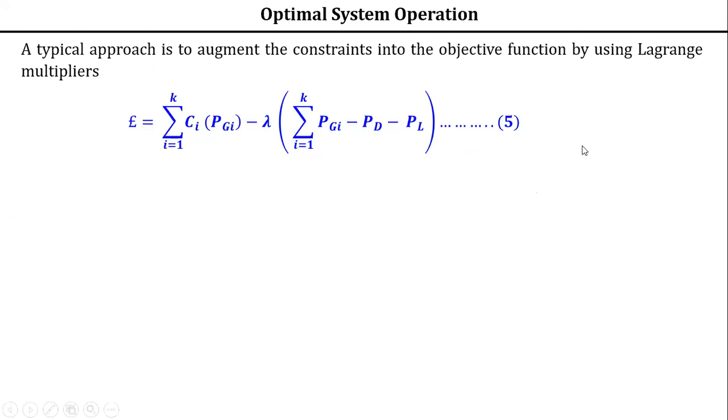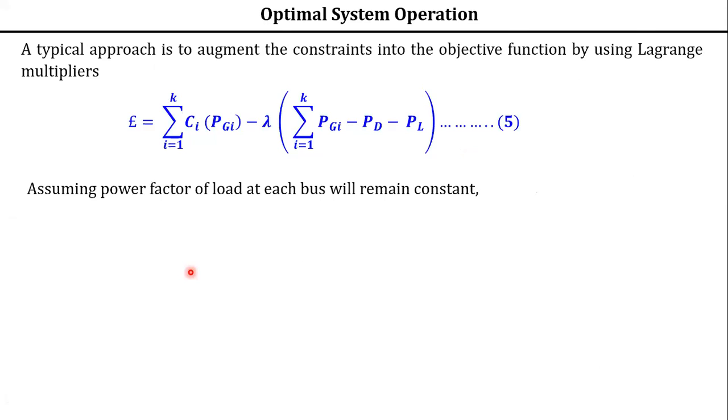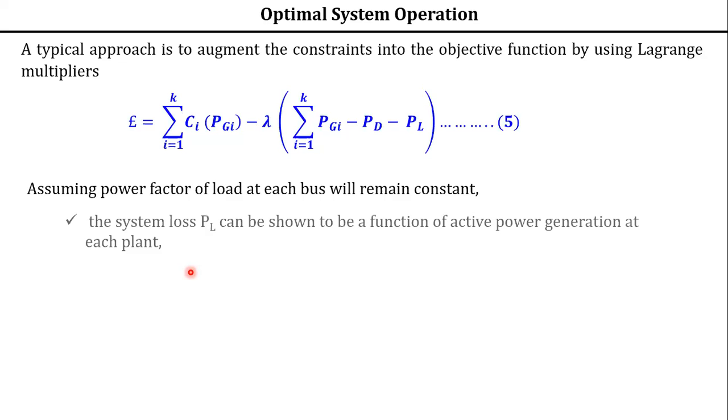Clear? Now after this step, what we have done in case 1, the same procedure we have to follow here also. I think you may not be remembering those things, so let us see this one. First you assume the power factor at each load bus remains constant. Under this assumption, the system losses PL can be shown as a function of generation at each plant.